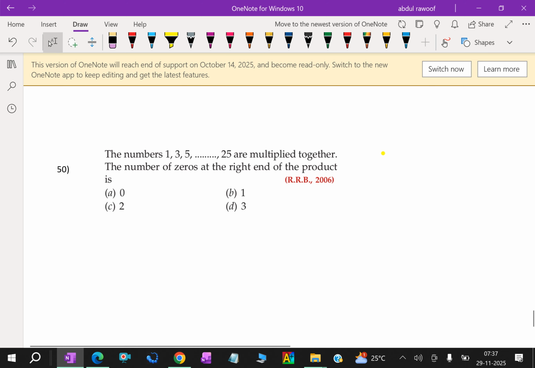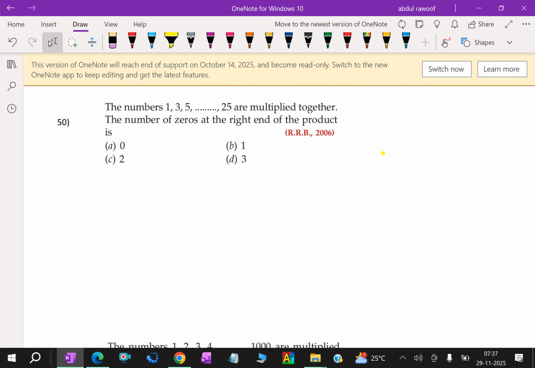Next question. Look at this. The numbers 1, 3, 5 up to 25 are multiplied together. Then what is the number of zeros at the right end of the product?